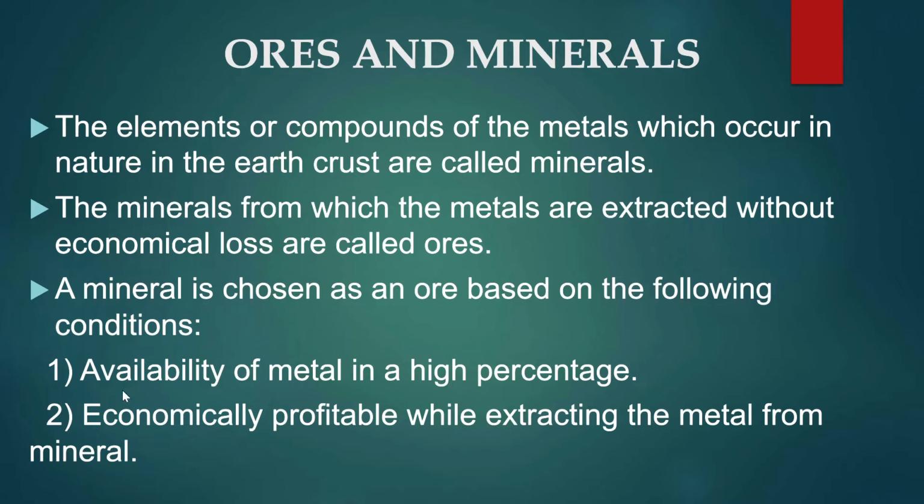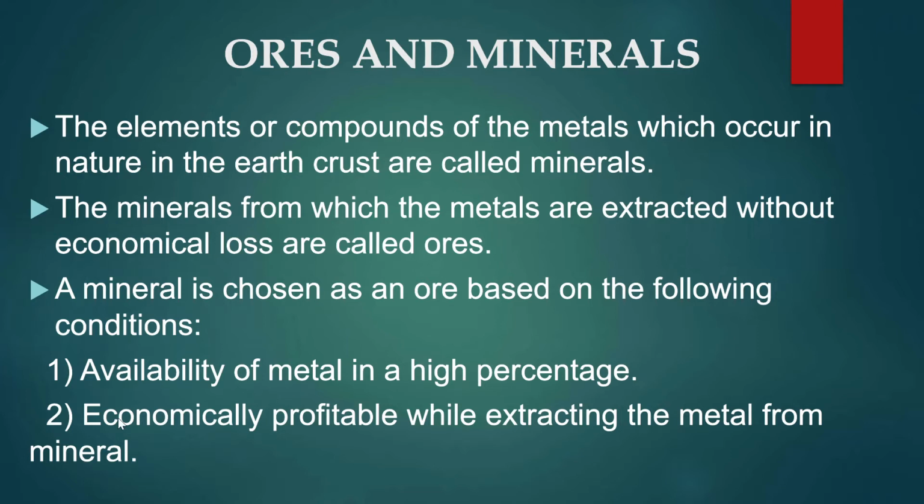The first one, availability of the metal in a high percentage. So that mineral is only chosen where the availability is in a high percentage. That is, you are getting large amounts of metal in that particular mineral.